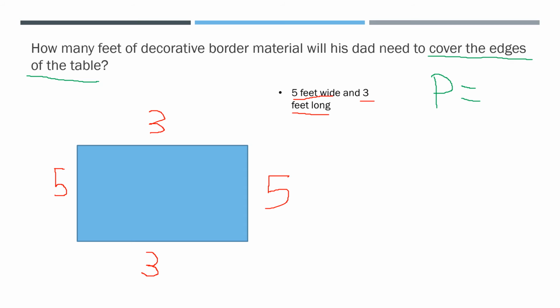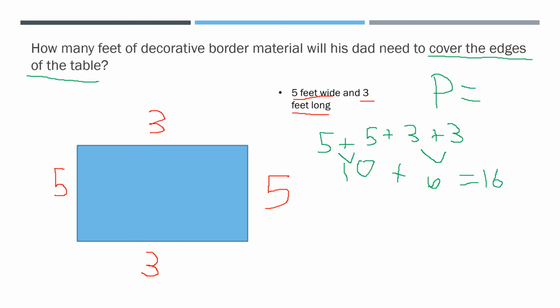So that's going to be 5 plus 5 plus 3 plus 3. 5 plus 5 is 10. We're going to group those and bring them down. 3 plus 3 is 6. 10 plus 6 gives us 16. So our perimeter would be 16.